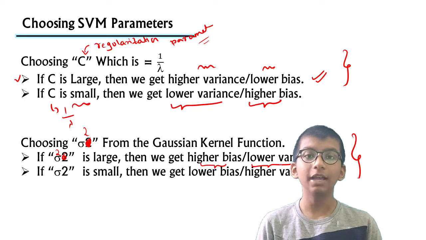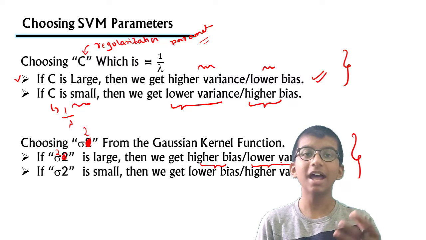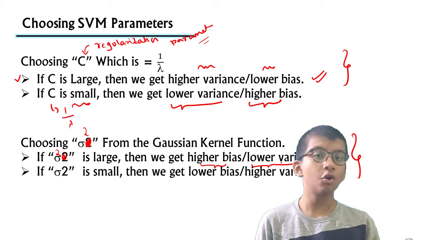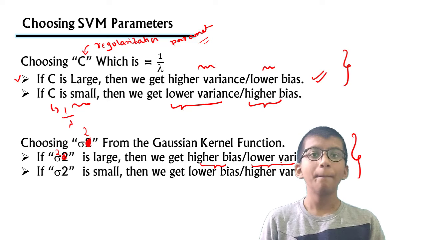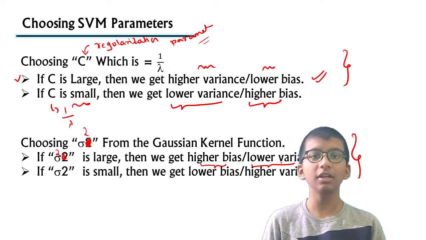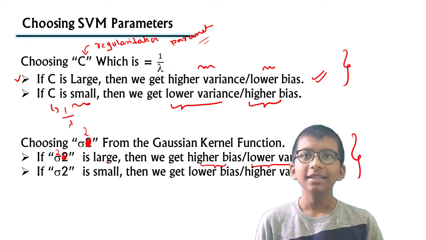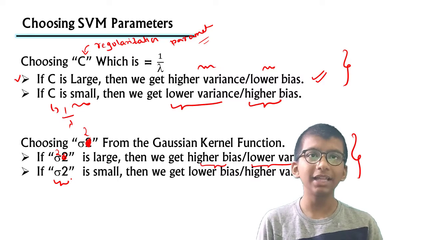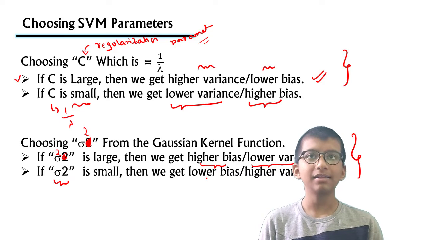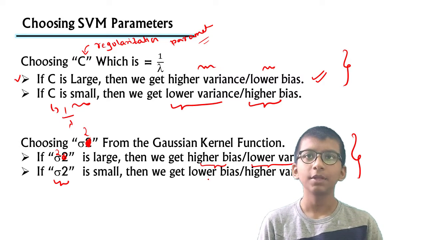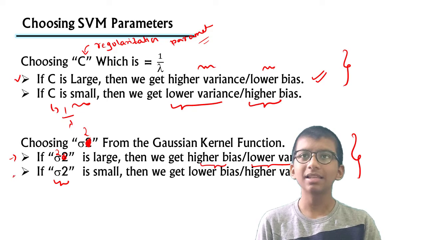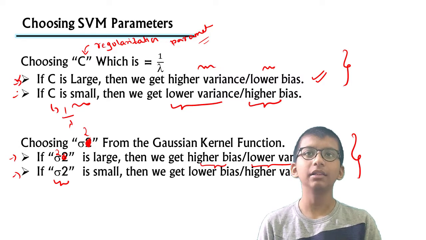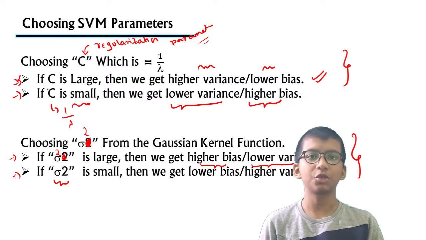And again, if you're not getting this, don't worry about it. Please go to my best practices for machine learning section and the last two videos of that section. Then if sigma squared is small, we get lower bias and higher variance.